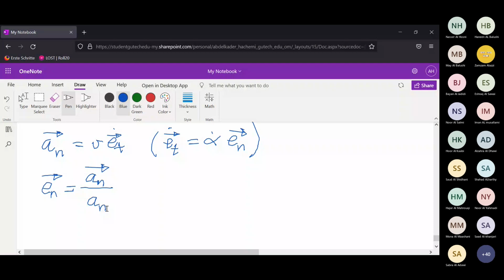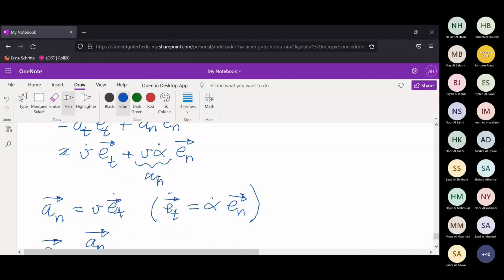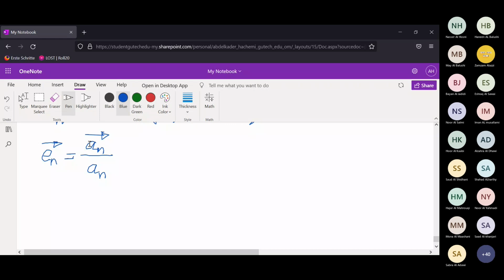We have here v alpha dot, and this component here is only e_n. Then always the unit vector can be described by the vector divided by the magnitude.